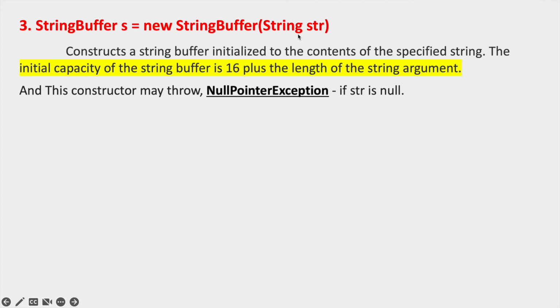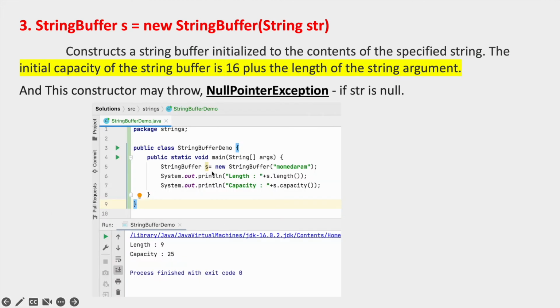Let us see an example for better understanding. If you see in this example, StringBuffer s = new StringBuffer("Momendaram"), and we are printing length and capacity. When you run this program, it gives length is 9. That means whatever the string object we are giving, the StringBuffer object is created with the same content.